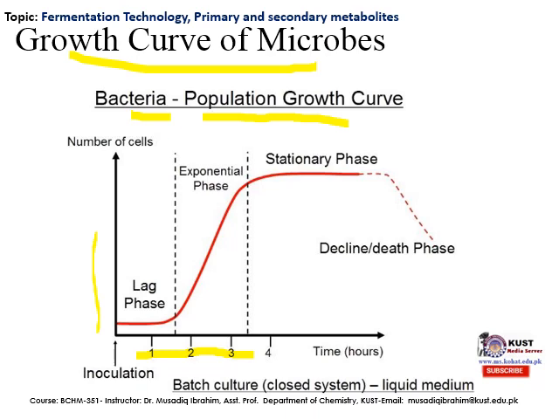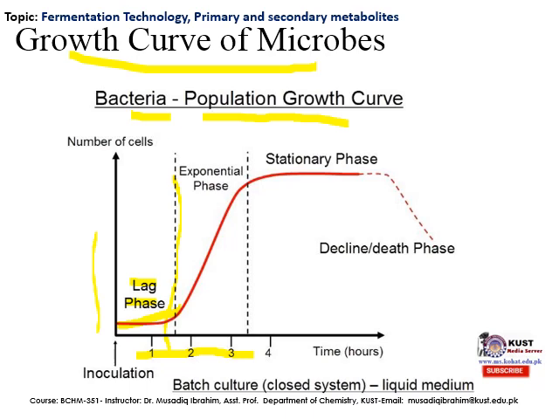So this red line is giving you information about the mechanism by which the microbes are growing. So the first phase is the lag phase, and it is up to this point, and in the lag phase the microbes are preparing themselves so that they can start the growth.